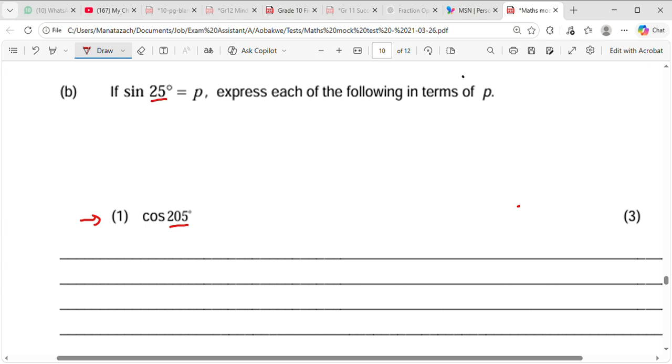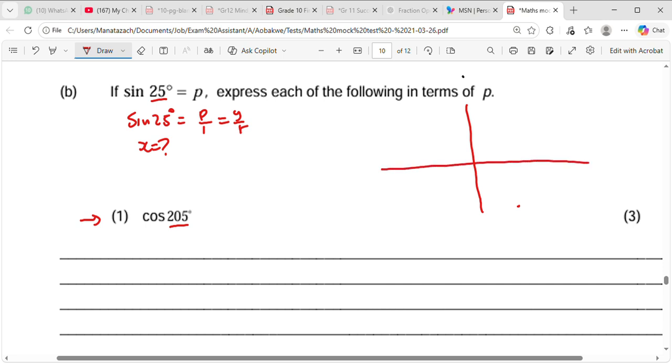So first of all, sine 25, we can rewrite it as p over 1, which is y over r. So the only unknown that we don't have would be x. We don't have x, so we're going to find it, right? So remember, if we draw this in a Cartesian plane, we'll have x and y.